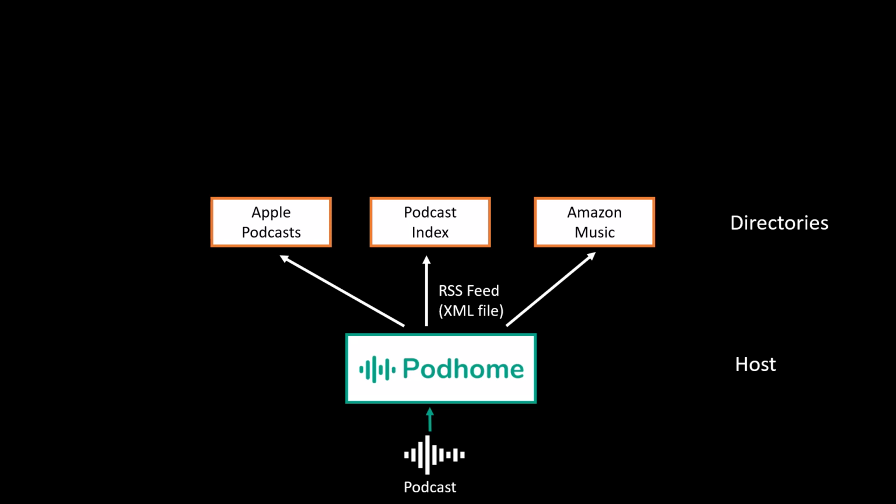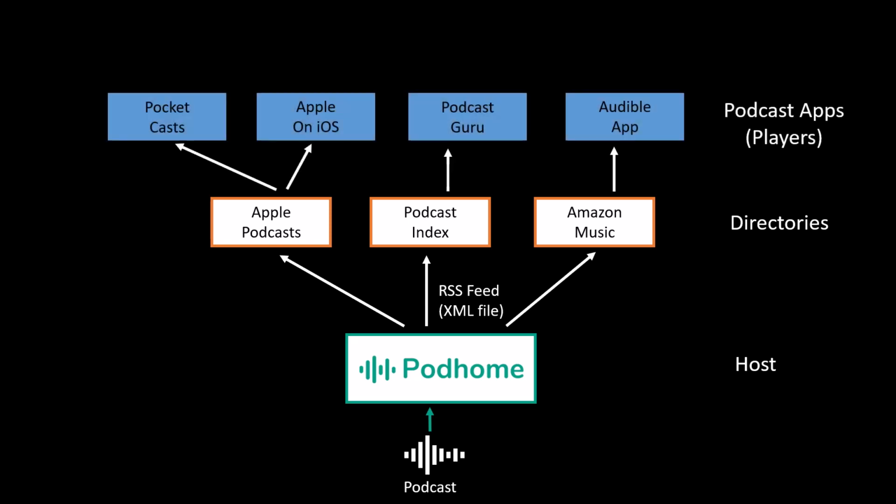so your MP3 files. Those are then ingested by directories, so podcast directories like Apple Podcasts, Podcast Index, Amazon Music, Spotify has its own thing, YouTube has its own thing, and there are a couple more. These directories are very important because this is what podcast player apps use.